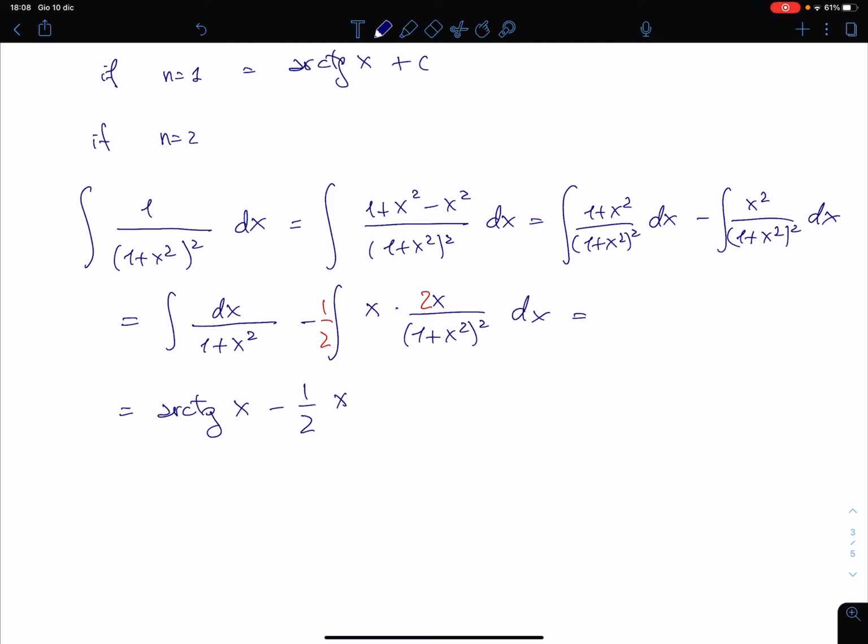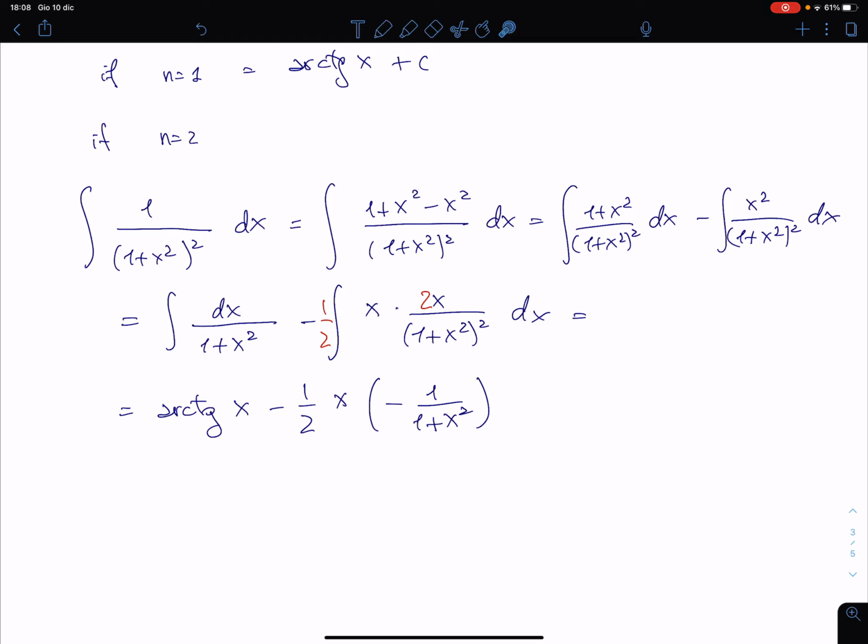And then you want to integrate the other. And the other is simply minus 1 over 1 plus x squared, because when you differentiate it, you get plus 1 over (1 plus x squared) squared times 2x. So this is correct.